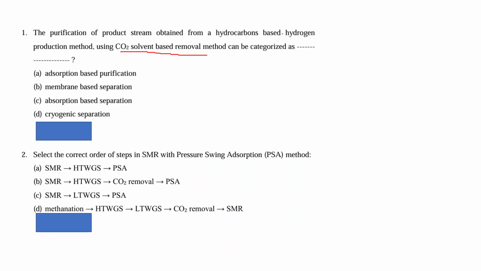So our answer C is correct. Next: select the correct order of steps in SMR with pressure swing adsorption method. What are the correct steps in the pressure swing adsorption method?